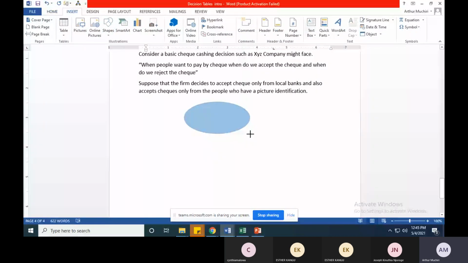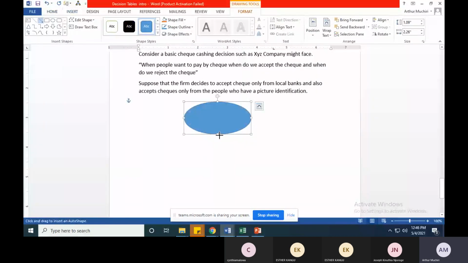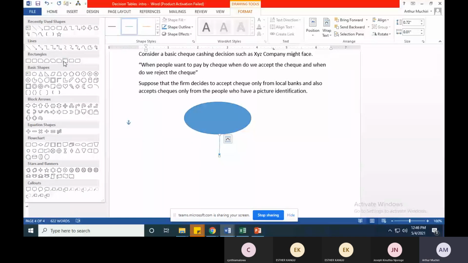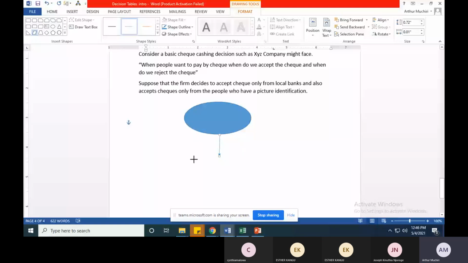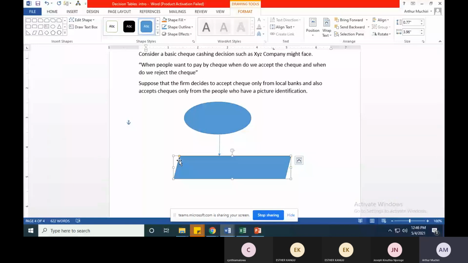The first thing is to start, and then of course you have the flow line. The system or the program will ask you to input.